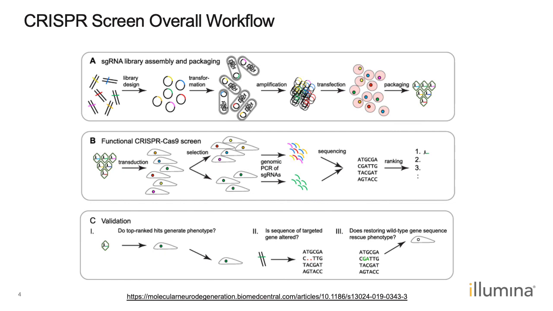We will not get into too much detail on the validation side in this presentation, but at this stage, you might also want to look at assessing potential off-targets further as well.